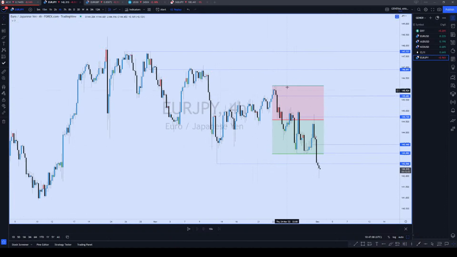Okay, anytime price creates a range, just have that, and then look to sell or buy within that box. So if you're a seller, you should sell in that box. If you're a buyer, you should buy in that box.